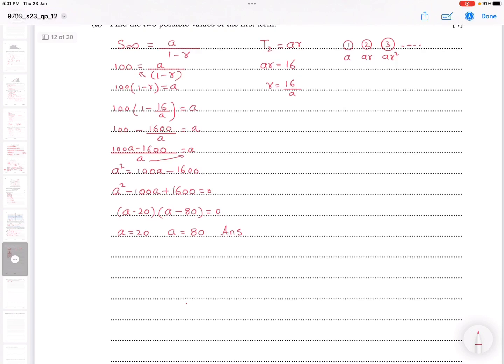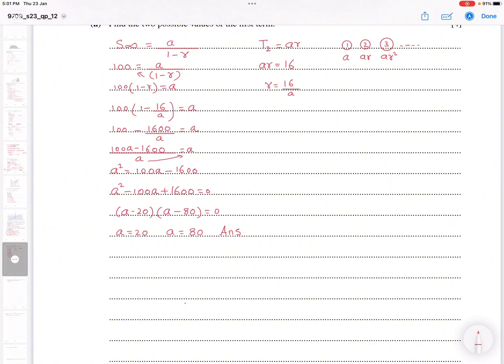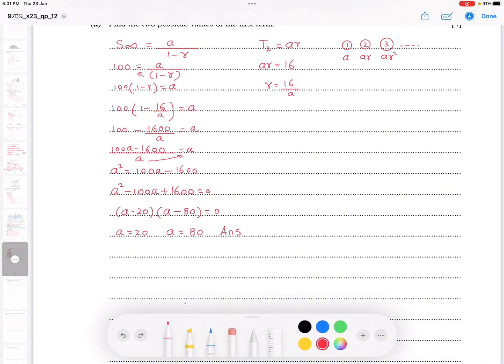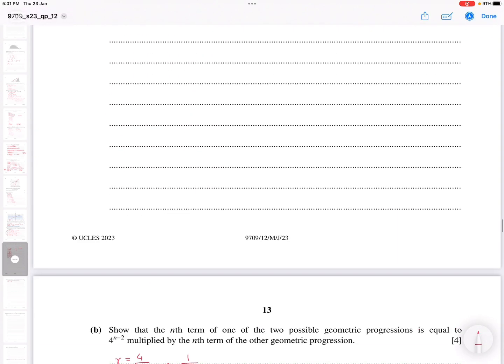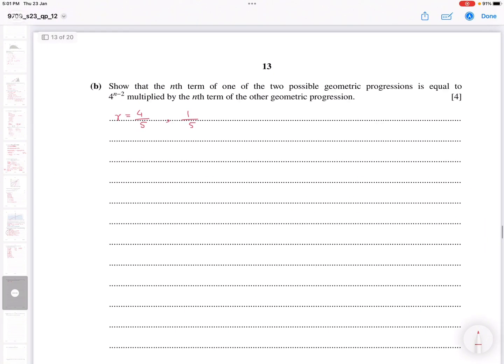If you use the values of A, which were 20 and 80, in here, R equals 16 over A. So R equals 16 over A, and my first A was 20, so 16 by 20 gives me 4 by 5.